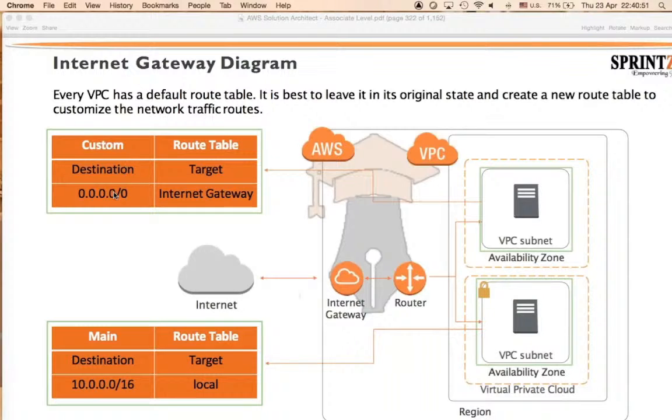Here you have the custom one with the target and the IP addresses, and there is an internet gateway for this, and this is a local system. You can have multiple route tables, but every VPC should have one route table.